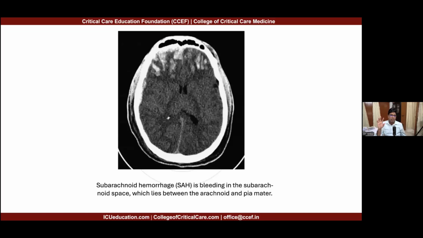most of them are traumatic, and in non-traumatic causes there are aneurysmal causes, but in traumatic cases they are usually near the surface like this.